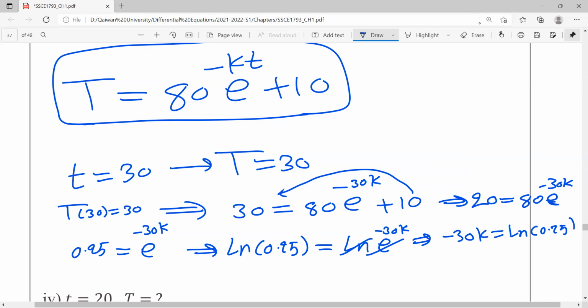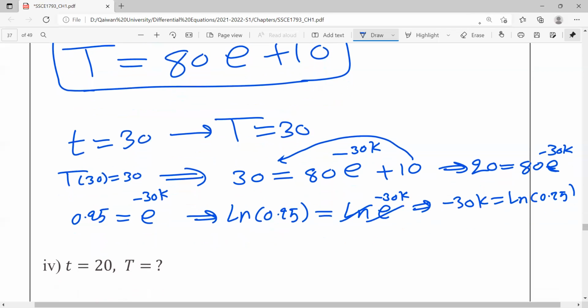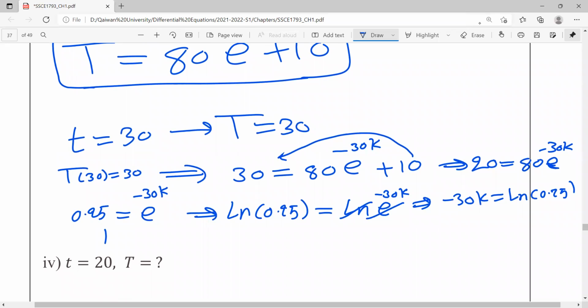How to get K? By dividing both sides by minus 30, and we get K equals ln 0.25 divided by minus 30. Let's find this value.